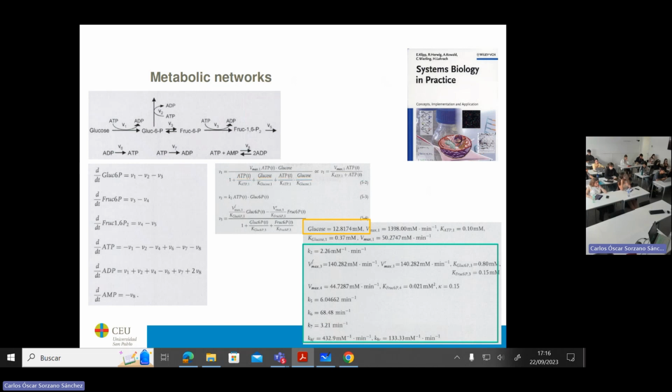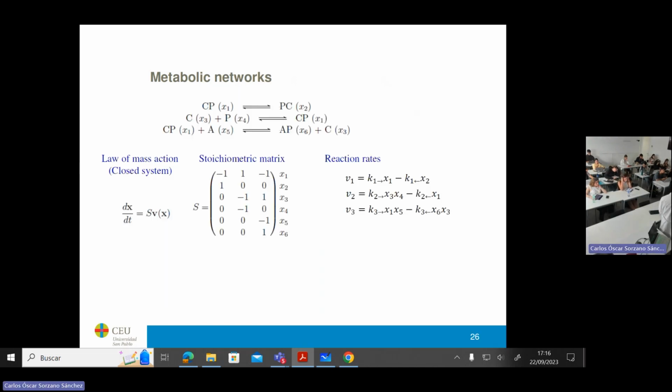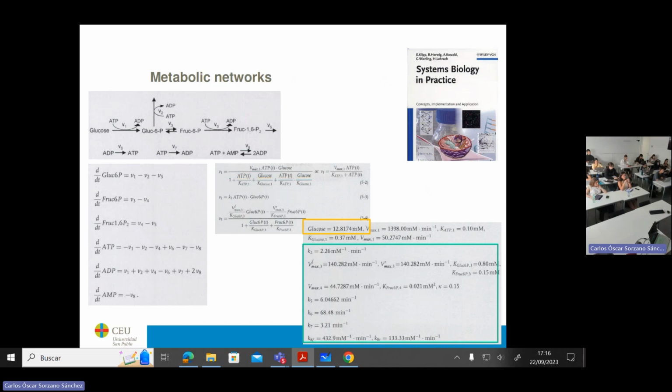Actually, you may look at this one. Here I have separated into a matrix and velocities, but you can multiply the two, and then you have this kind of equations there. There are some constants in the velocities, so you have to estimate those constants.